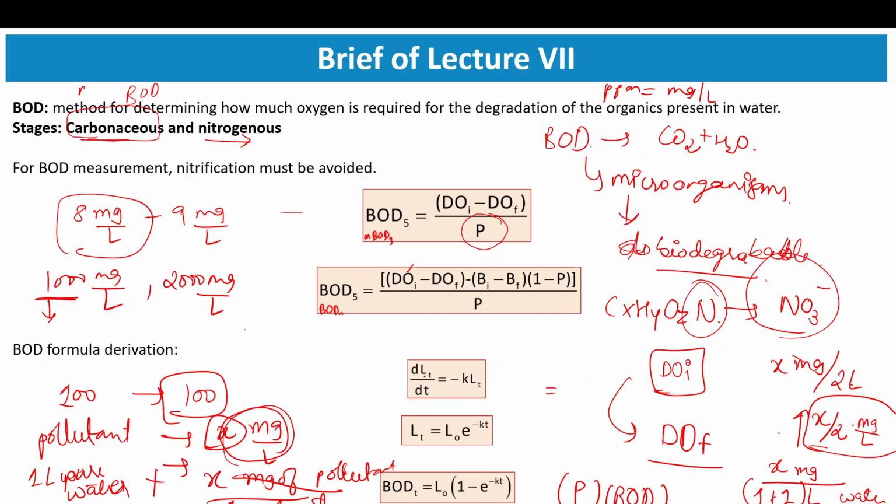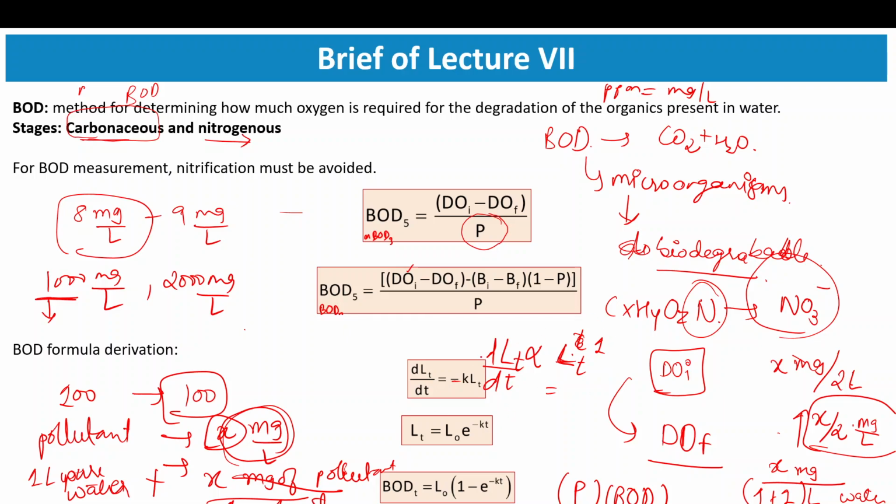Because it is reducing, dL by dt equals minus K, the specific rate constant, into the concentration L. So dL by dt is directly proportional to L to the power 1, so it is a first order reaction.